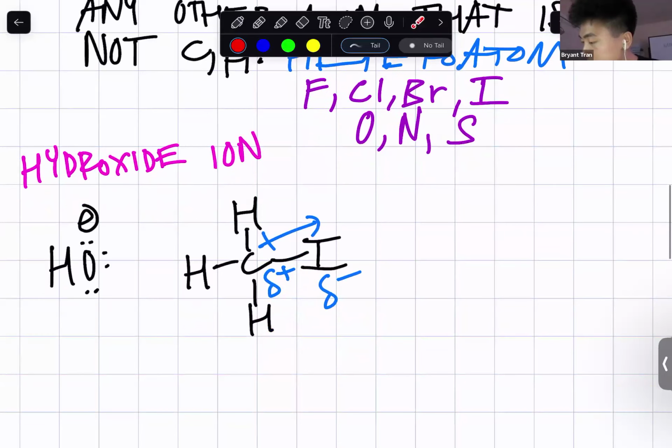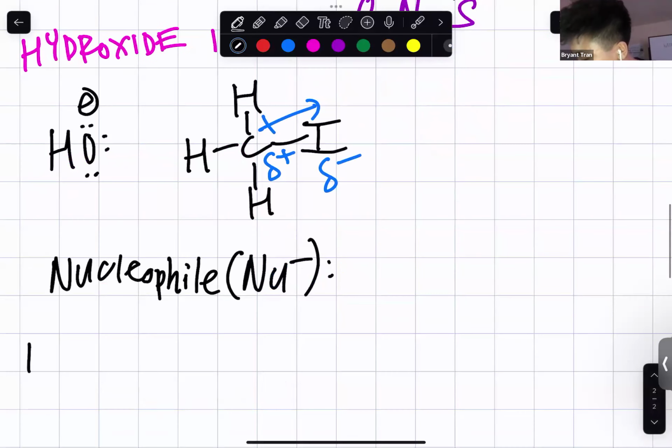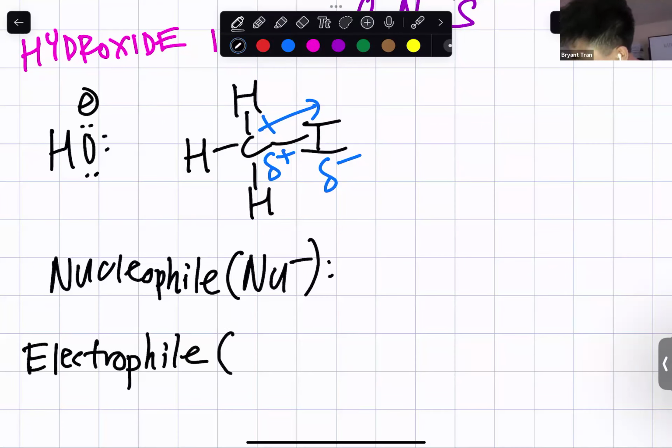Okay. Now, I'm gonna just go over the terms nucleophile and electrophile right now. So nucleophile is going to be abbreviated as Nu with a negative charge like that, and electrophile is going to be abbreviated as a capital E with a positive charge.